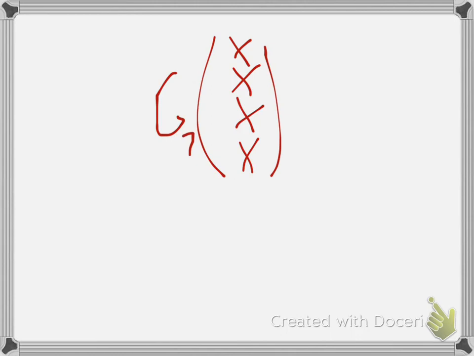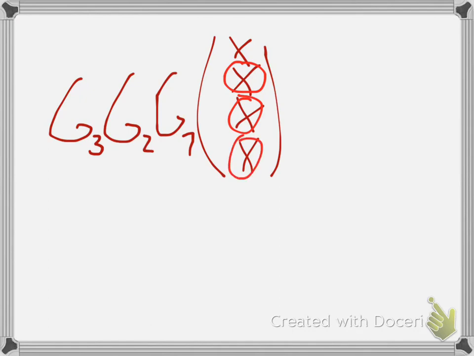If you have a vector with 4 dimensions, you can first apply 1 rotation to eliminate the second component, then a second rotation and a third one. So every time you will eliminate 1 element.